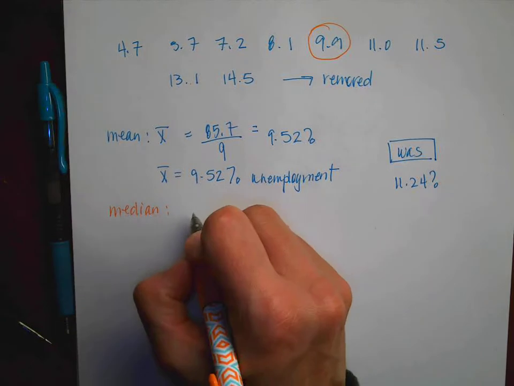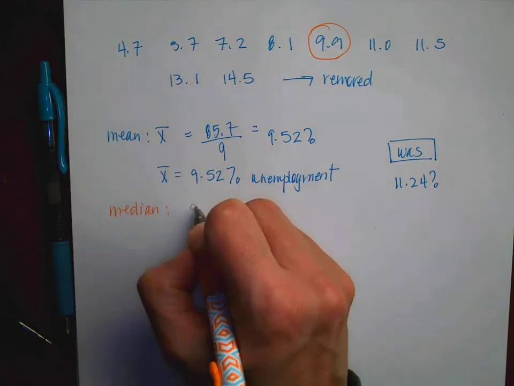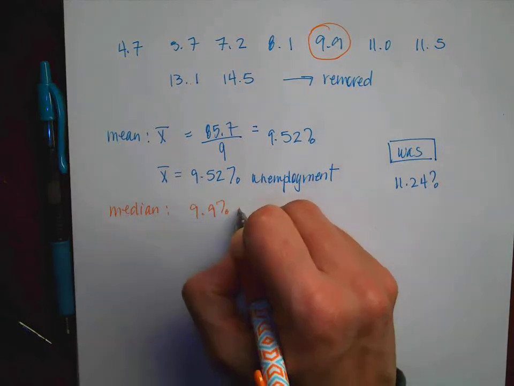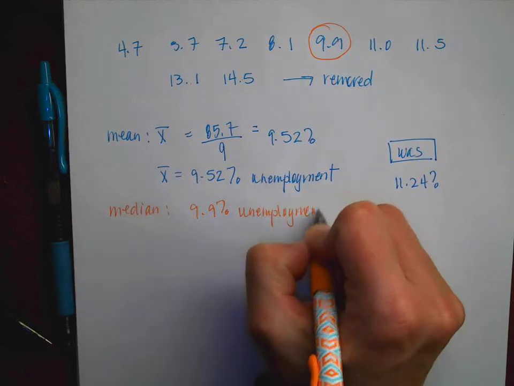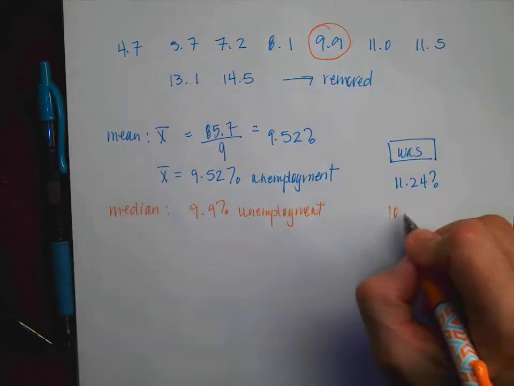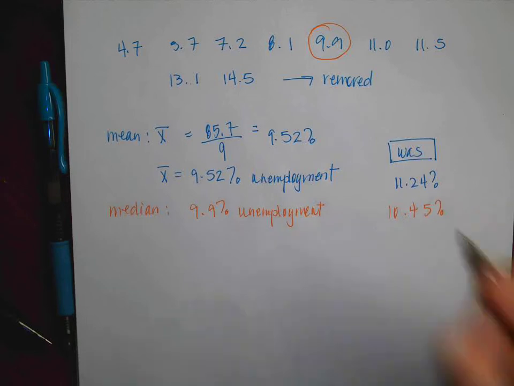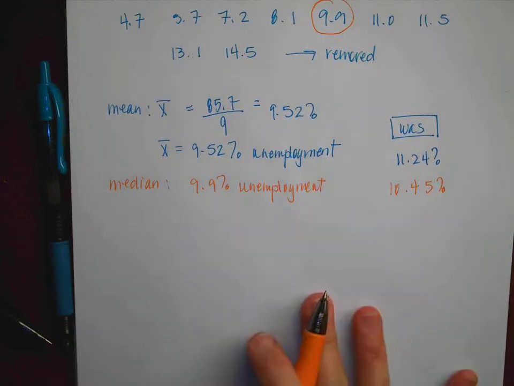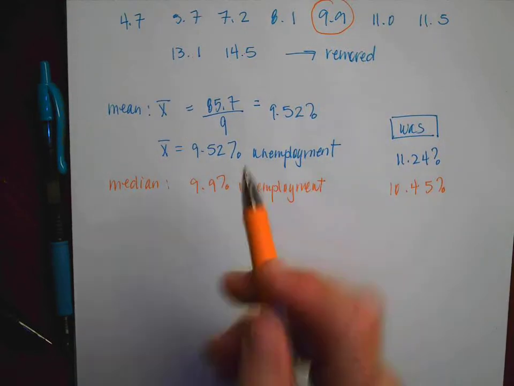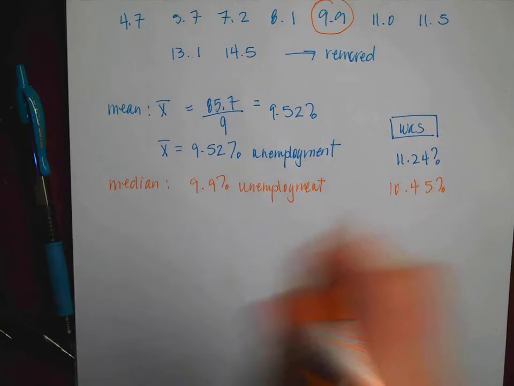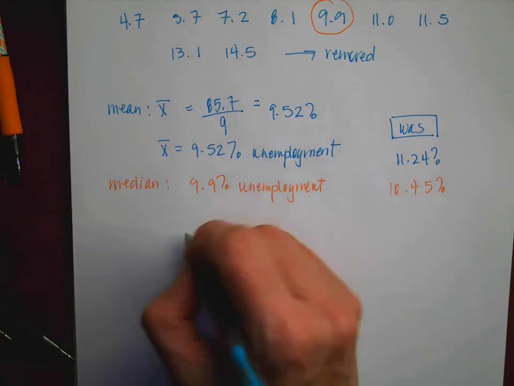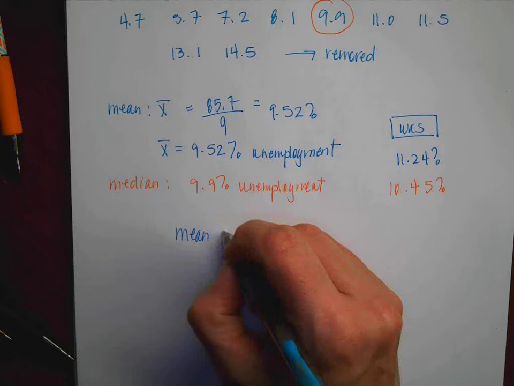Now I only have one number because I have an odd number. So my median is going to be 9.9% unemployment. And it was 10.45%. So of the two numbers, mean was more affected by removing the outliers.